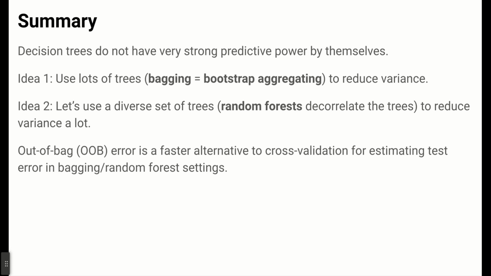The coupling of bagging with decorrelation is the random forest algorithm. Finally, we noted a computational concern. Cross-validation is a rather slow option for estimating test performance, but out-of-bag error estimation is a much faster process with comparable results. Together, these ideas unlock a lot of powerful potential for trees.